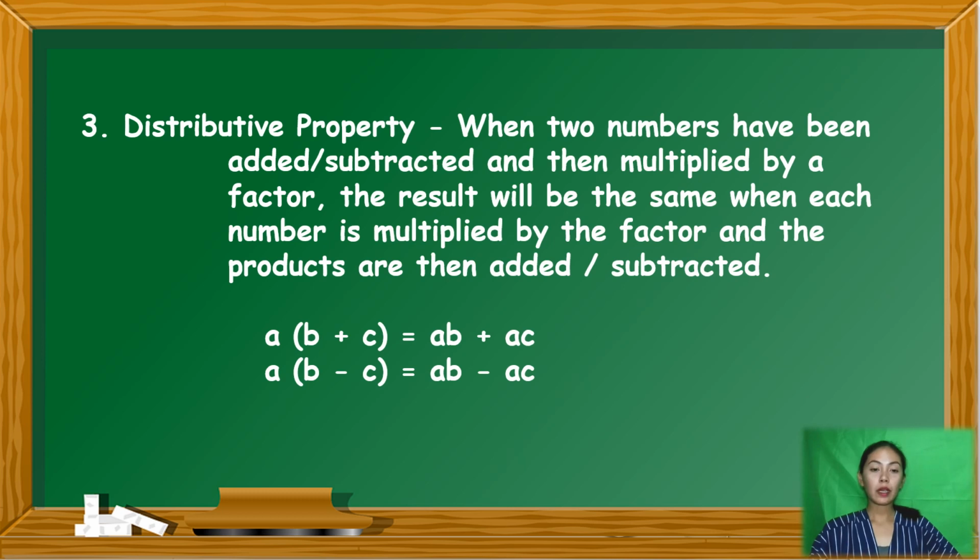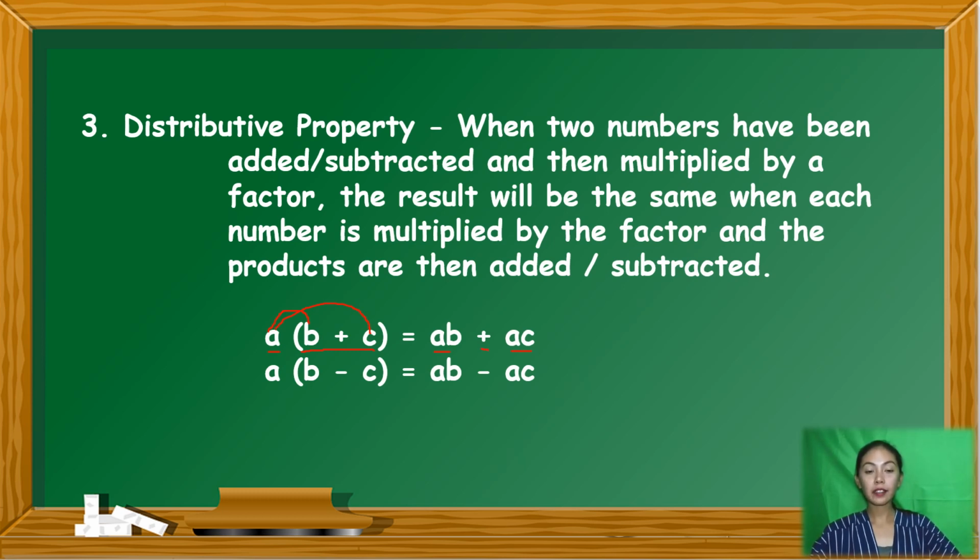For example, in this form, a times the quantity b plus c is equal to a times b plus a times c. Using the distributive property, we just distribute a. So a times b is ab, and a times c is ac, and we just copy the operation, which is addition. So that is equal.